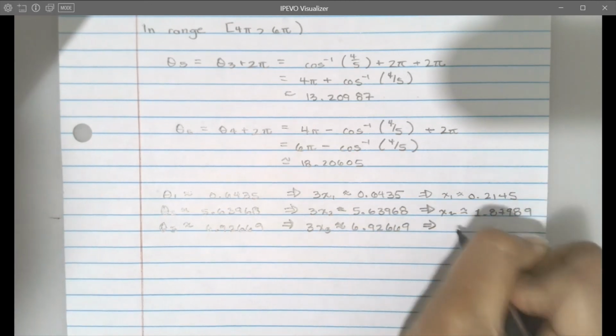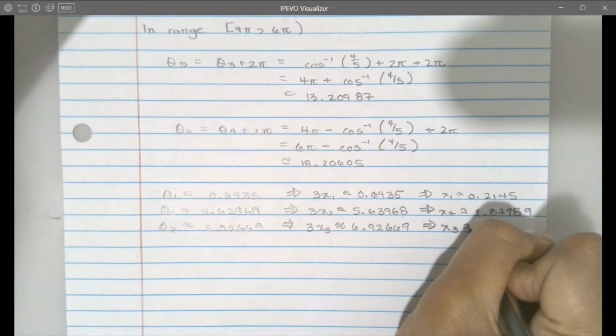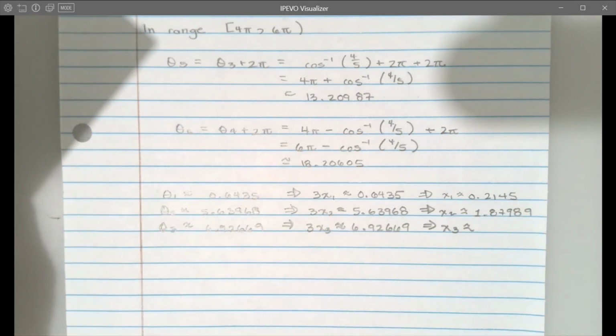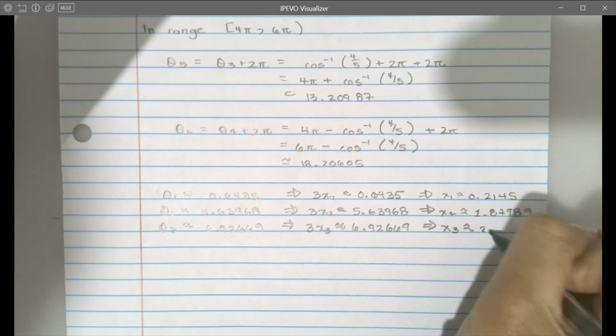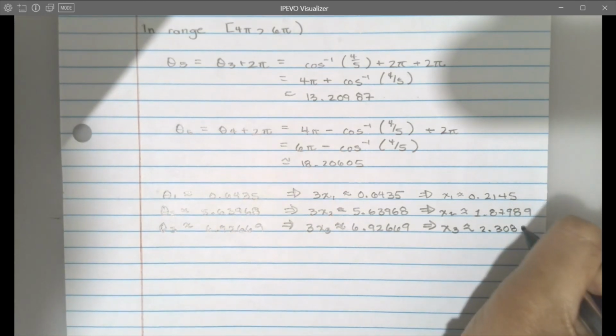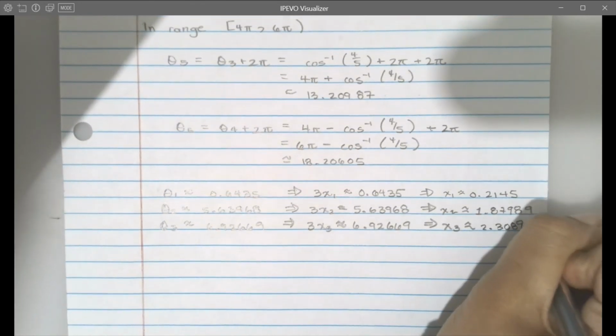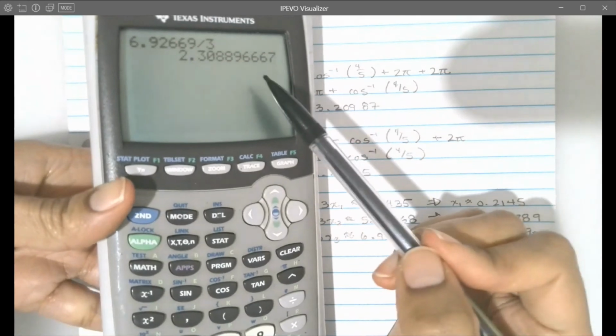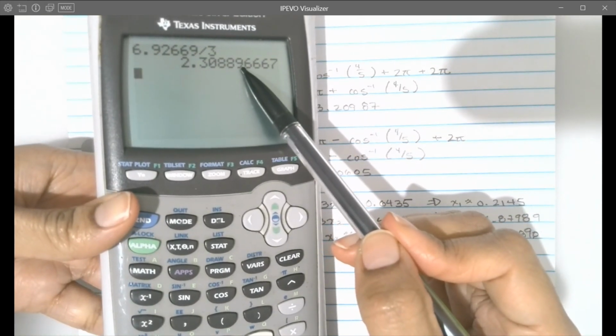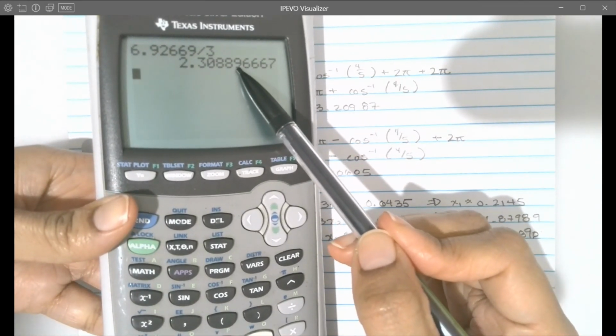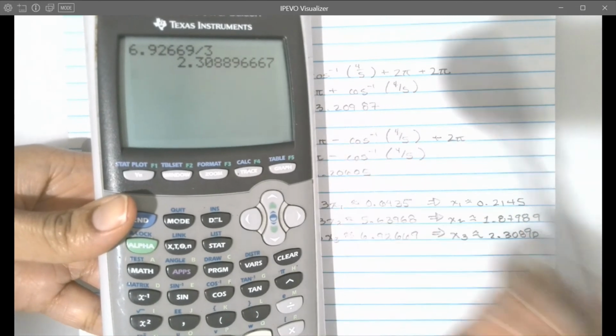And if we divide that by 3, we're going to get that x3 is going to be approximately, let's see, 6.92669 divided by 3, 2.3089. Now I'm trying to round to the nearest 5 decimal places, so that's going to be 2.30890, turning this into a 0 and this into a 9.